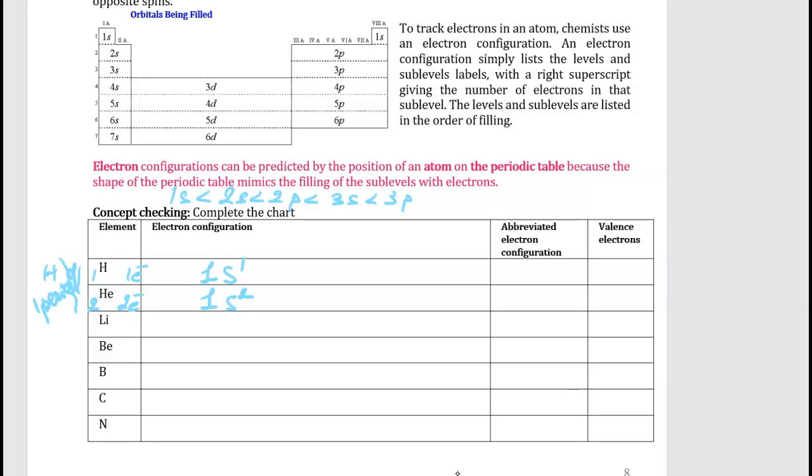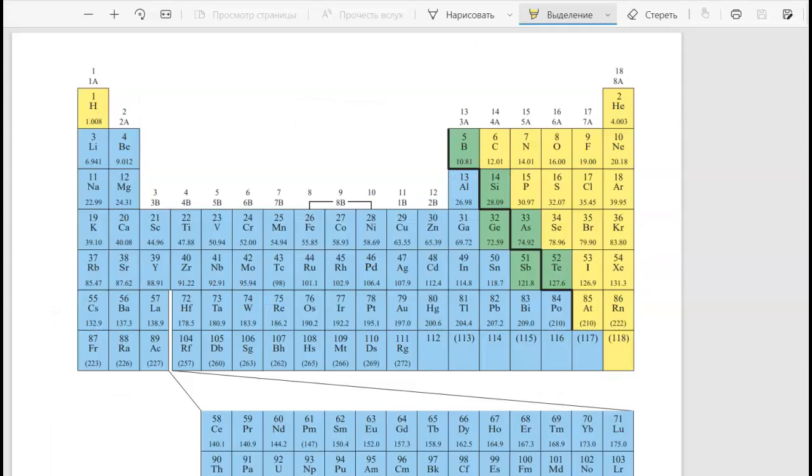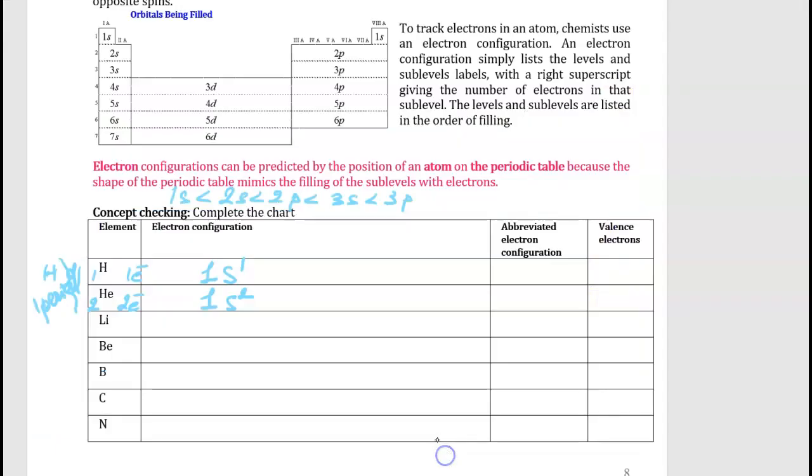Okay, the next one, lithium. Here it is. Atomic number is 3, 3 electrons, and the first shell is already filled, so it will be 1s2, like helium has, right?